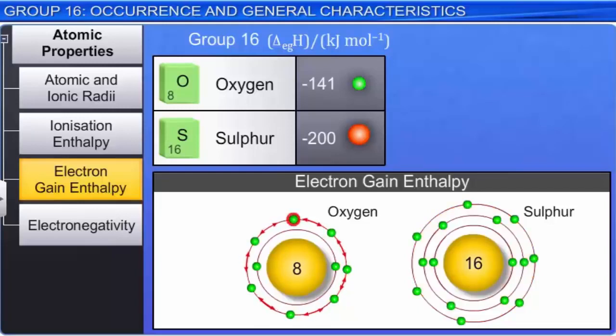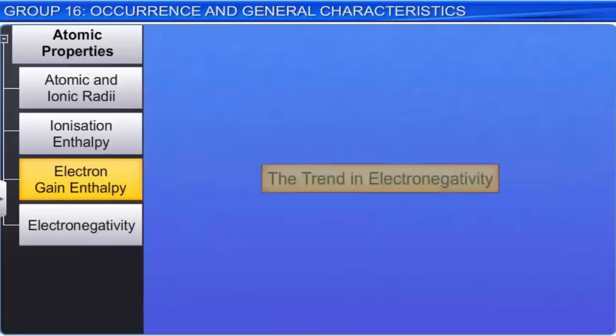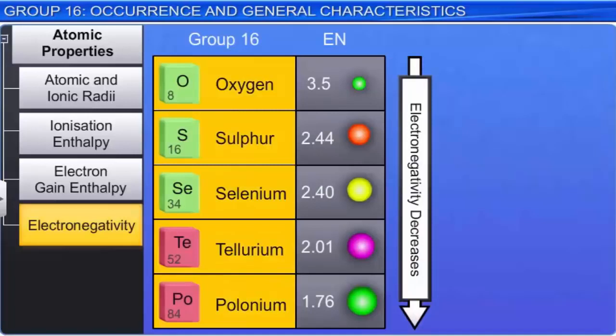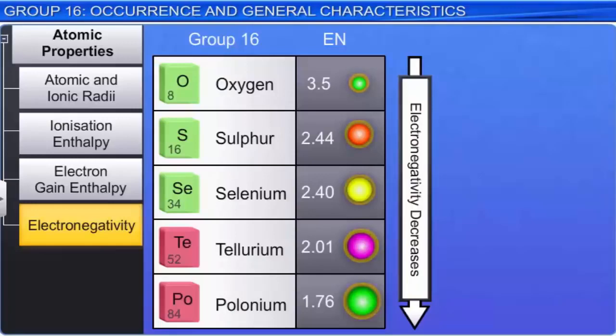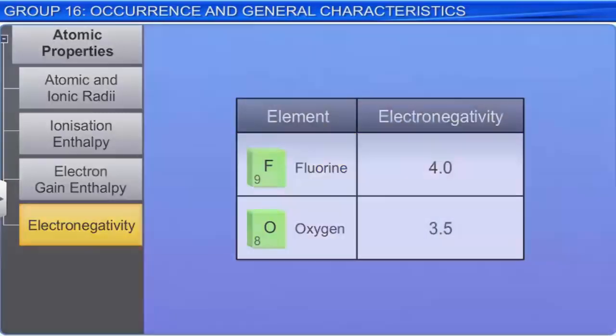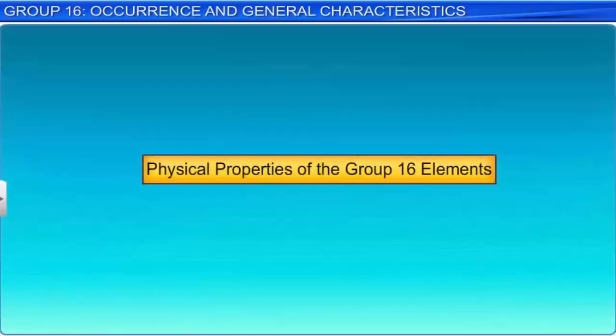Let's look at the trend in electronegativity. As we move down the group from oxygen to polonium, the electronegativity decreases gradually with an increase in the atomic size. Note that oxygen is the second most electronegative atom after fluorine. Let's now learn about the physical properties of the group 16 elements. Oxygen and sulfur are non-metals.